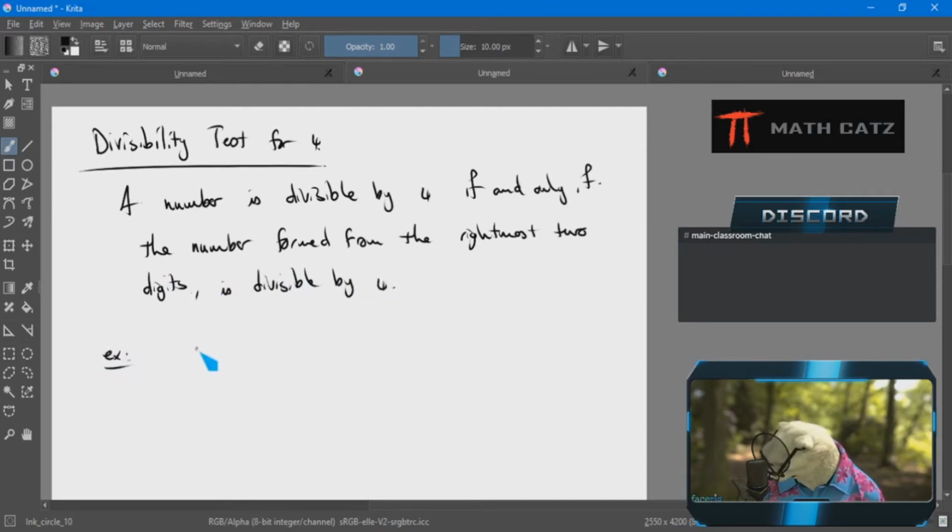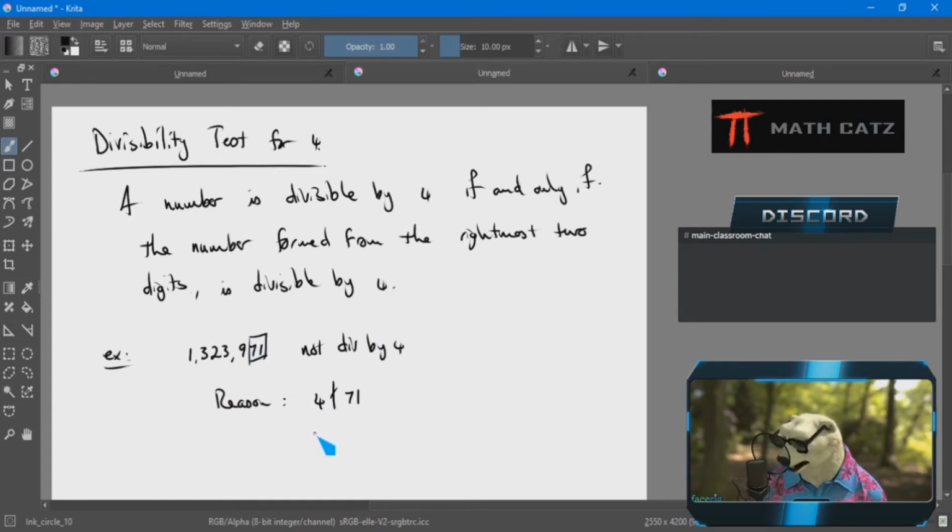So for example, I could have a super large number here, 1,323,971. I immediately know that's not divisible by 4, and my reason, you have to give a reason, is that 4 does not divide into the number that I get from the last 2 digits.